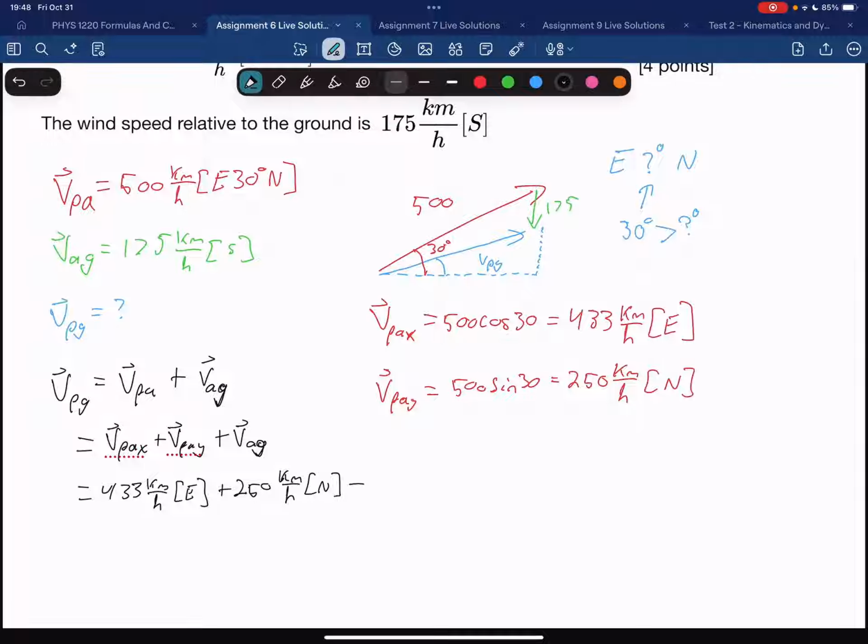I'm going to flip that to negative 175 kilometers per hour north. I can add those two north directions together. I get 433 kilometers per hour east plus 75 kilometers per hour north.